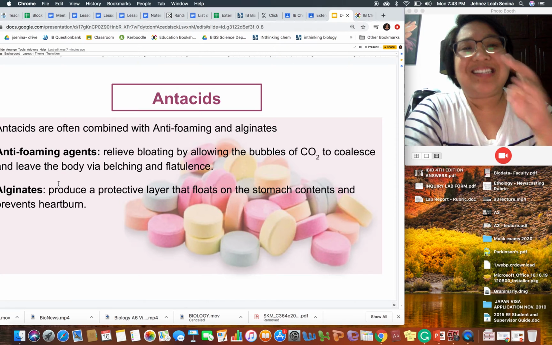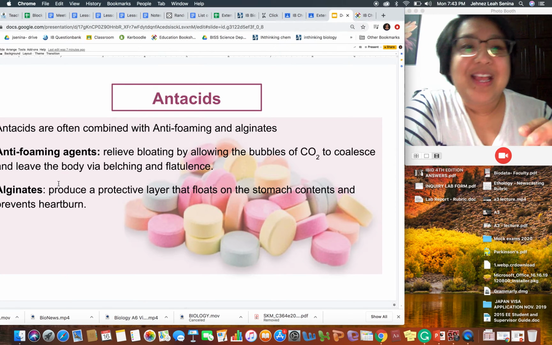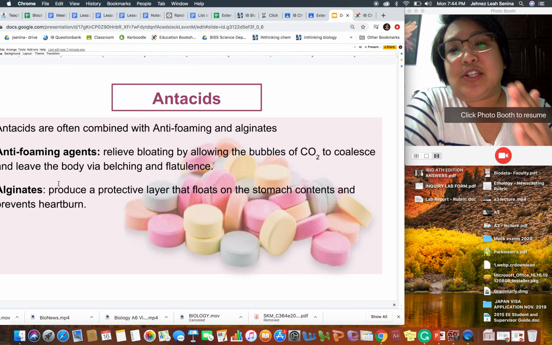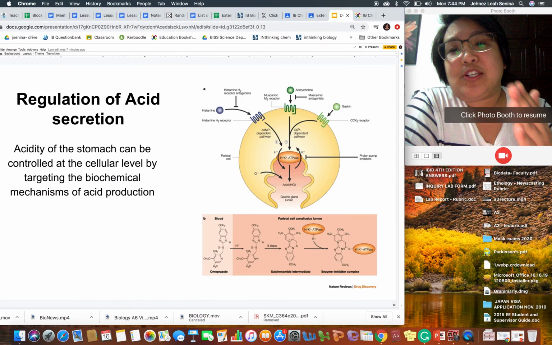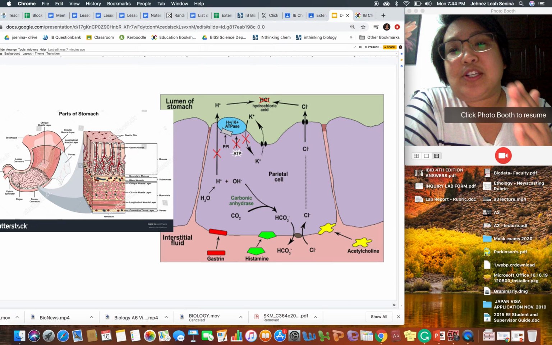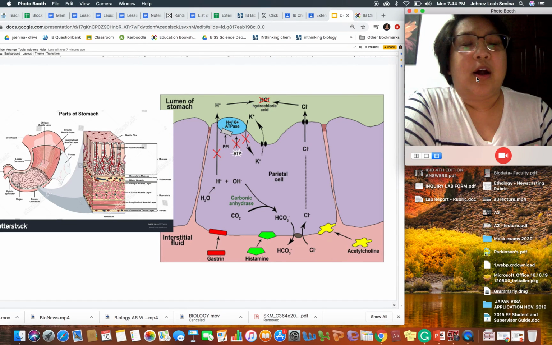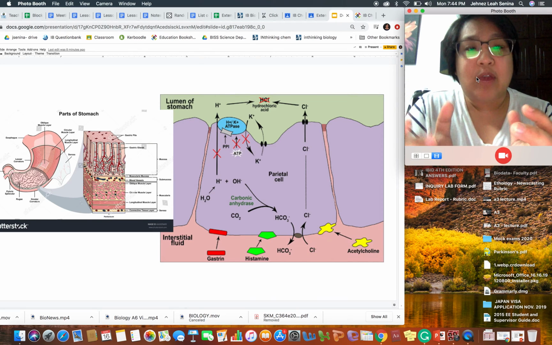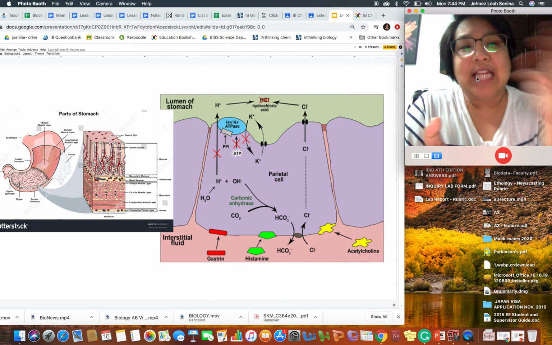Now, the second way we take medication for hyperacidity is when we target the molecular level. In the first method of taking antacids, the stomach is already acidic, so you take antacids.